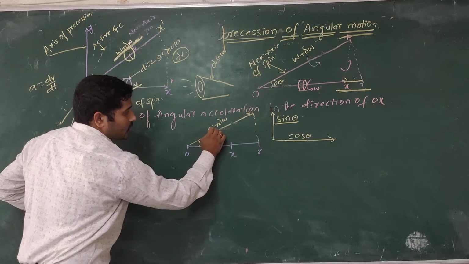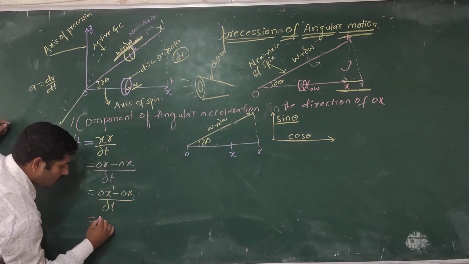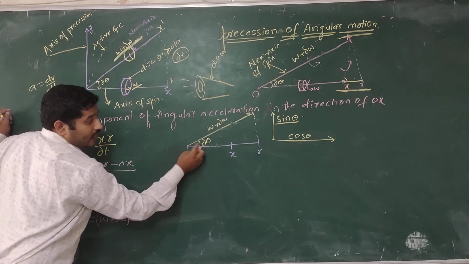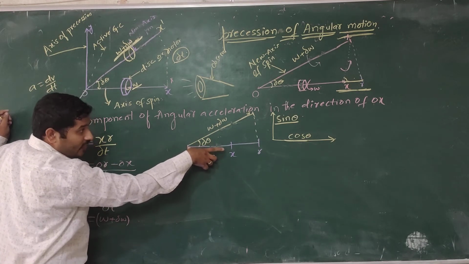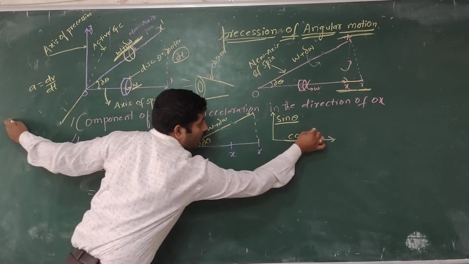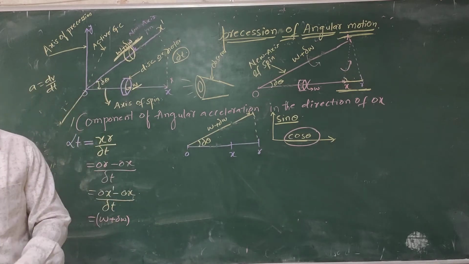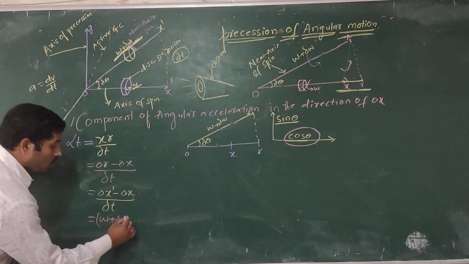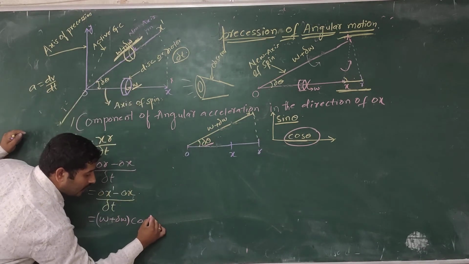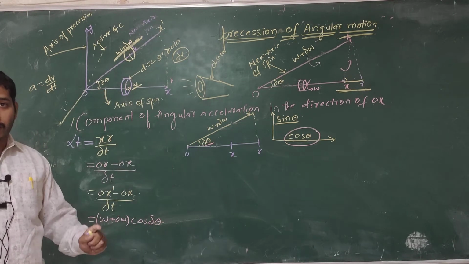OX dash is how much? First is omega plus delta omega. If it is changed, see over here, what will happen? It will make the angle of cos. What is the change of angle here? Delta theta. Any confusion up to here?